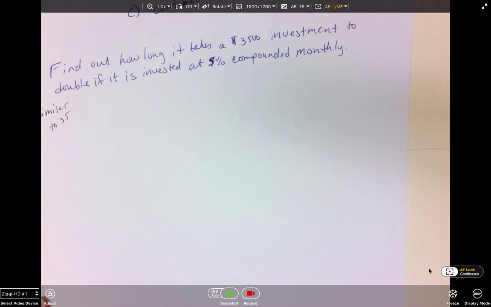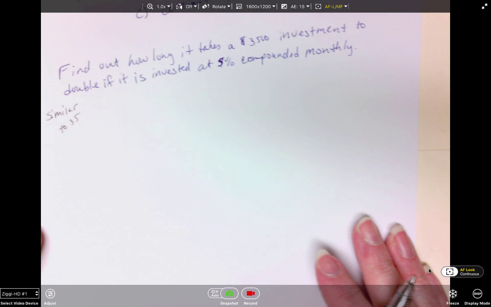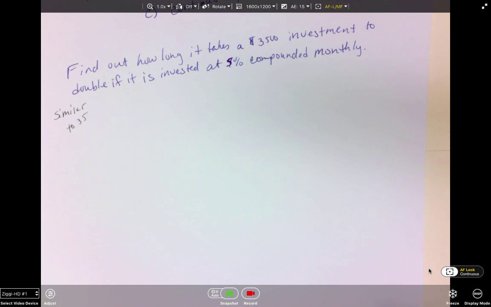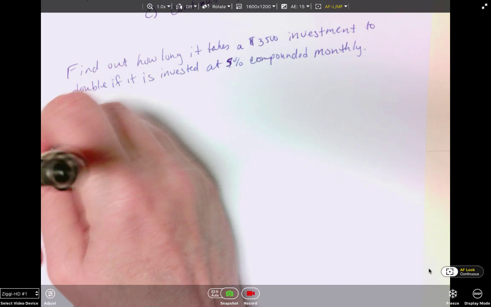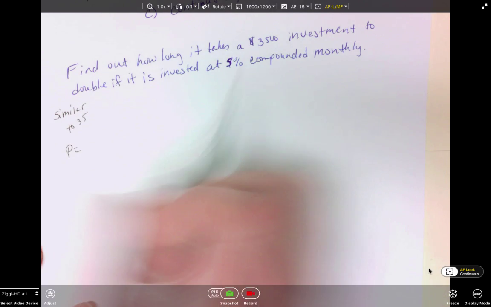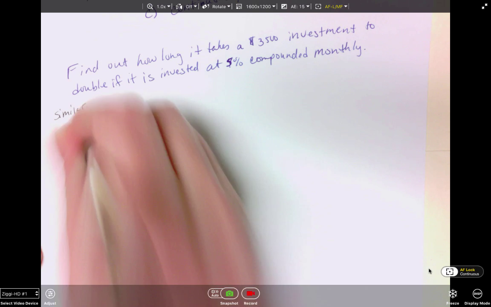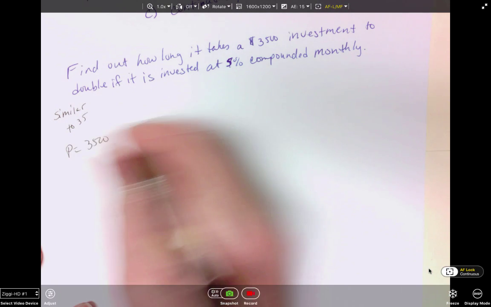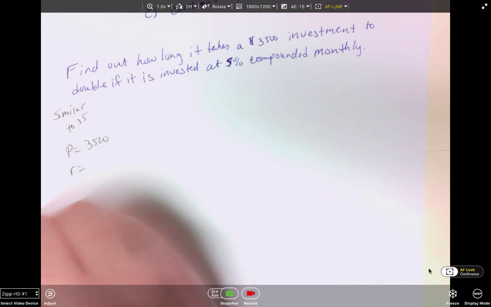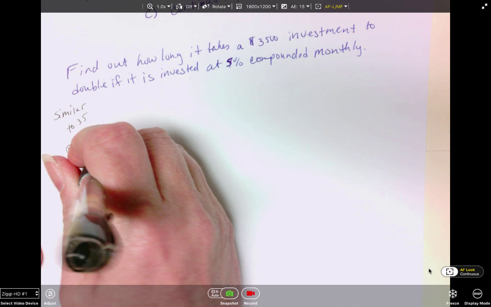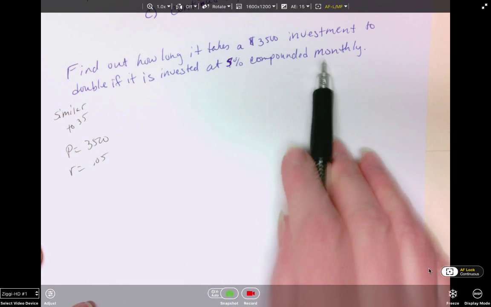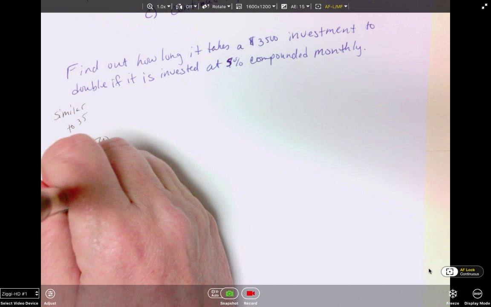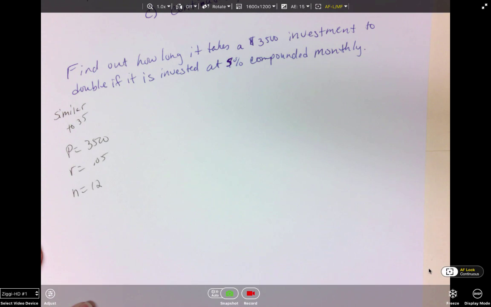I just changed the values a little bit so it wasn't exactly the same. All right, so we again need to figure out what we have. We have P, and P in this case is $3,500. And we have our R, which is 5%, so that'll be 0.05. Now N, again here we are compounded monthly, so N will equal 12.